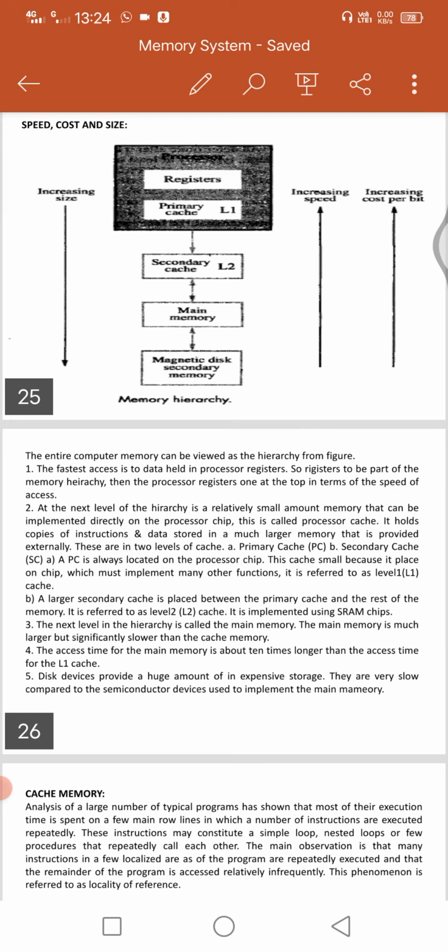From the size point of view, secondary memory has the most storage capacity compared to registers, but in accessing, secondary memory is very slow. Accessing data from registers is very fast compared to secondary memory. So this is the concept of speed, cost and size.